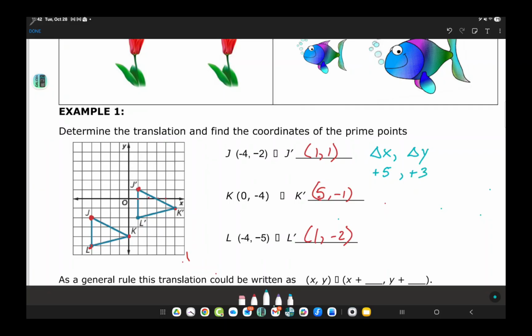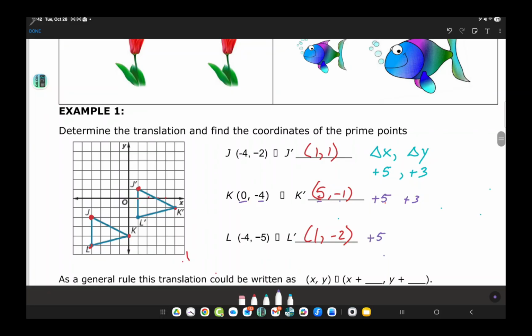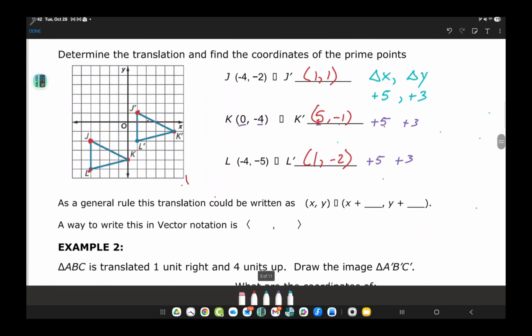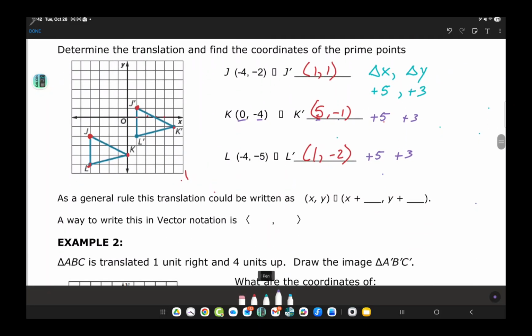If you see each of these, from 0 to 5, it is up 5. -4 to -1, up 3. -4 to 1, that is up 5. From -5 to -2, that is up 3. So my rule for the translation would be I take the X values and I add 5. I take the Y values and I add 3.